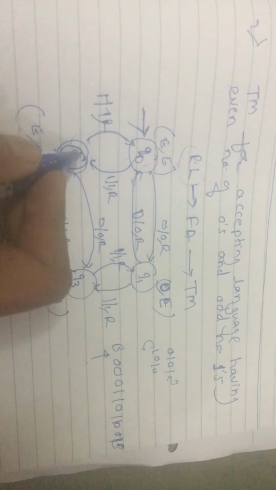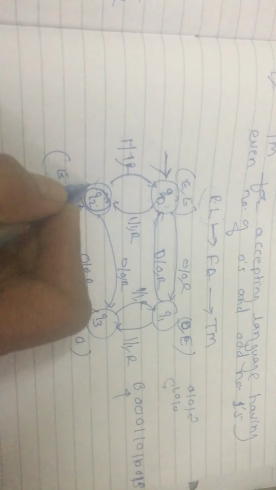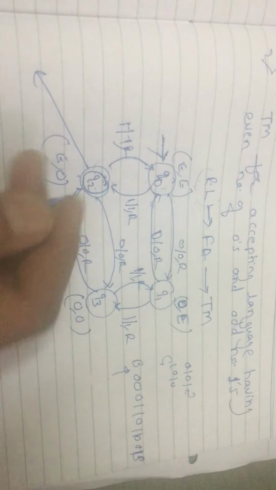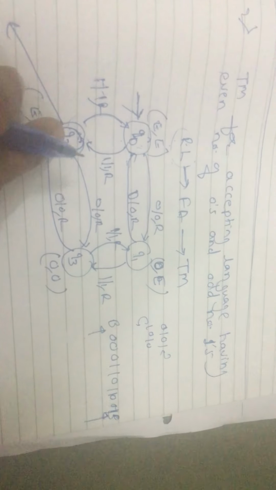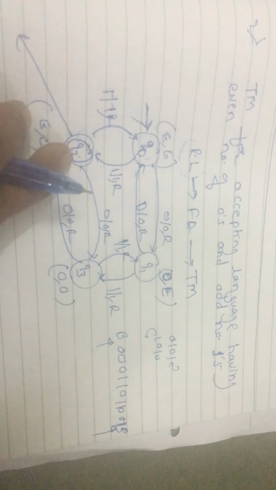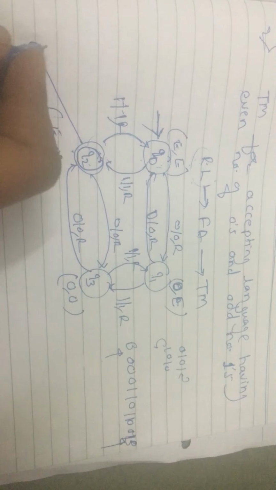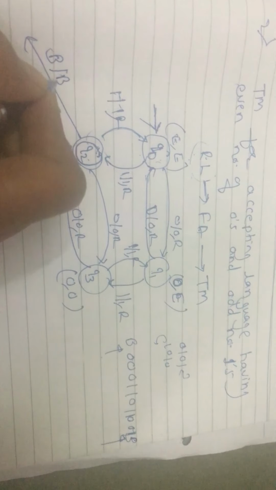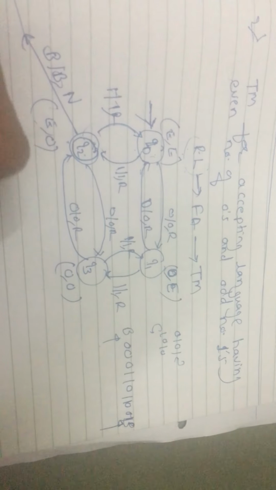Now remove the final state marking and take one transition from this state. After reading all zeros and ones, moving towards the right side, we get a blank cell. This final state of the finite automata becomes a normal state of the Turing machine, and we take one more transition on blank, and then stop the procedure and accept the string.